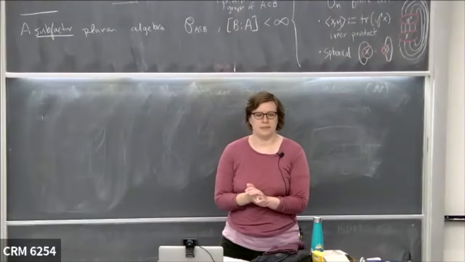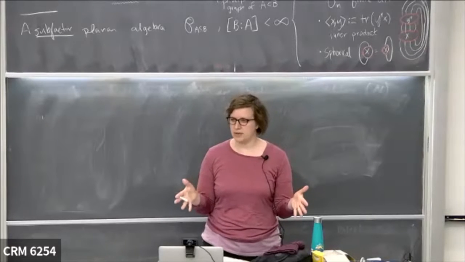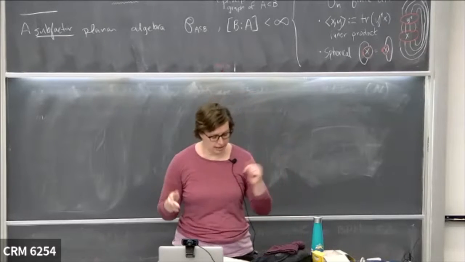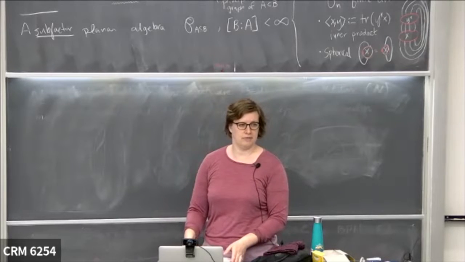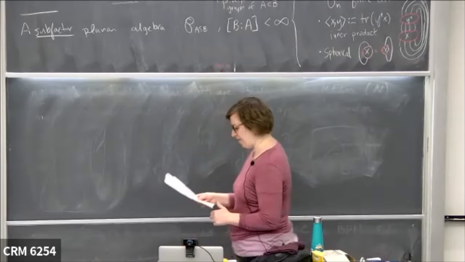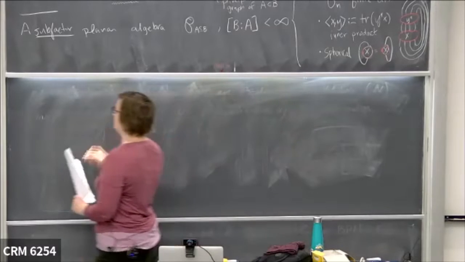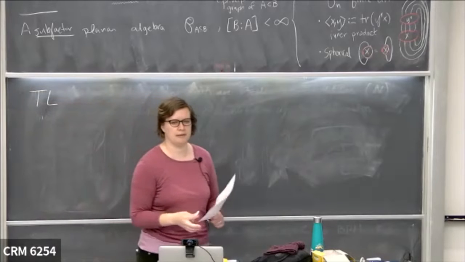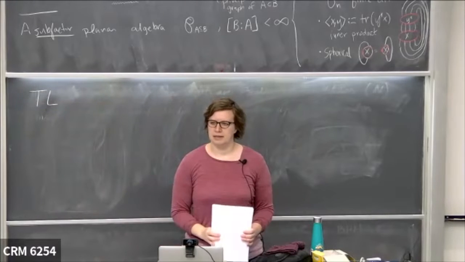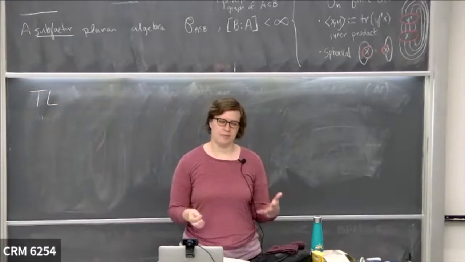That a subfactor planar algebra will produce an honest-to-God subfactor. Okay, so what are the examples we've seen of planar algebras so far? And do they have this property that they could come from a subfactor? All right, so what about the Temperley-Lieb planar algebra? Is it or is it not a subfactor planar algebra?